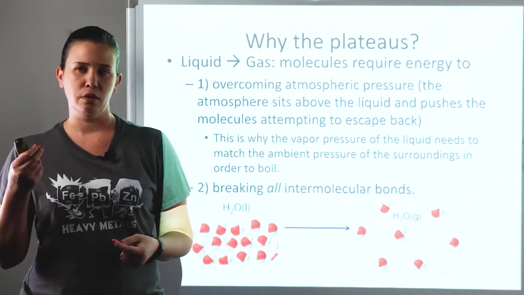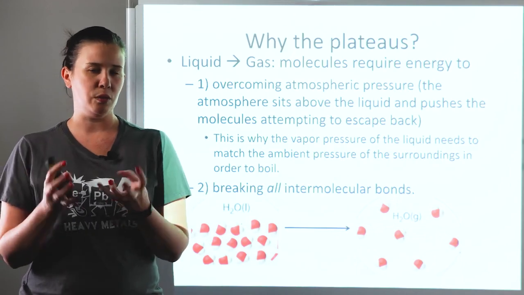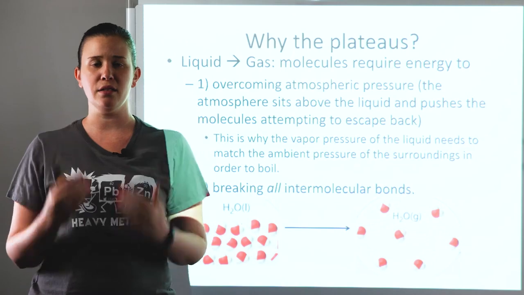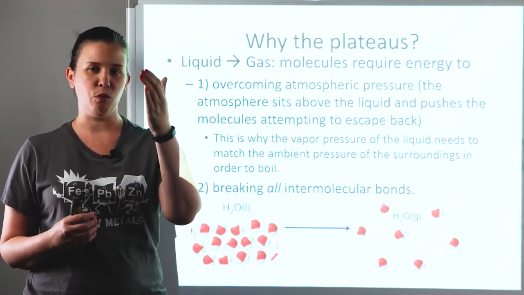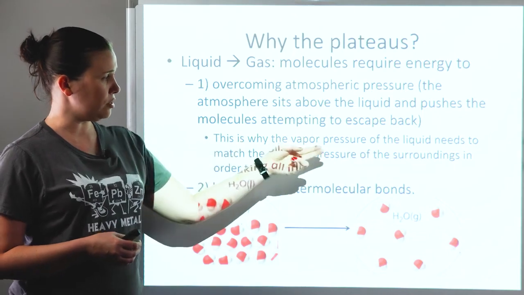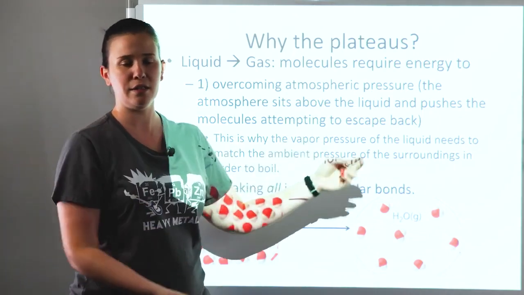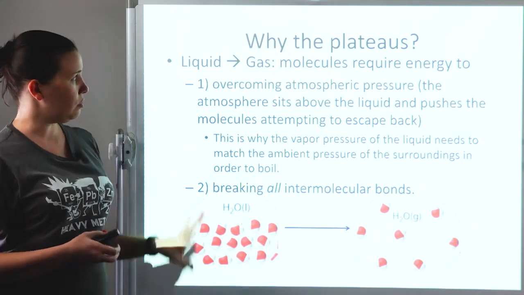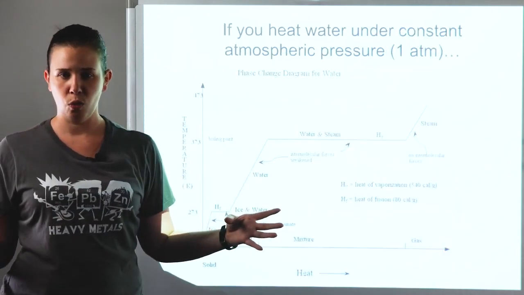The more heat that goes into the equilibrium system, the more gas to liquid ratio you would have, and so you would have more pressure coming from the gas. So you have an increase in vapor pressure until you can finally overcome the atmospheric pressure. So two main reasons why that plateau is way longer.